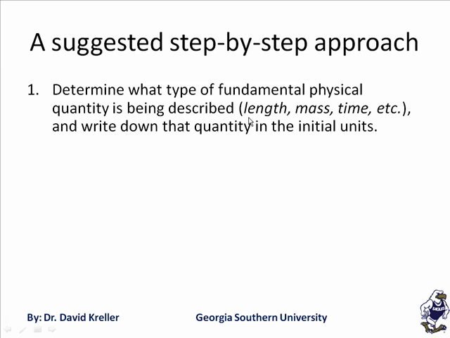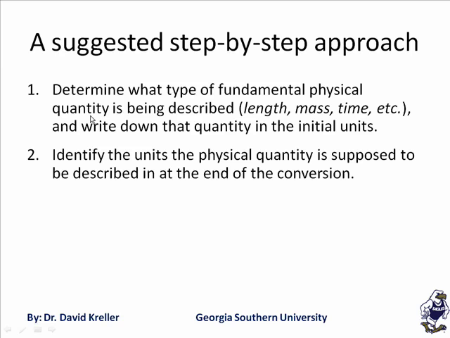Is it a length or a distance? Is it a mass? Is it a quantity of time or something else? It's very important that you get a clear picture in your head of what physical quantity you're talking about. And you should know exactly what units you have at the beginning. And then you should figure out what units you are converting into.